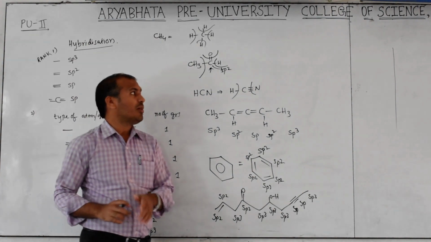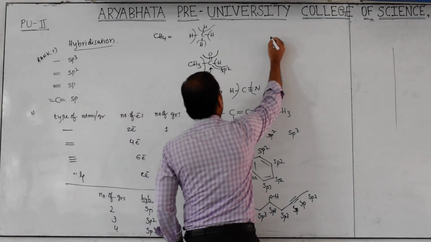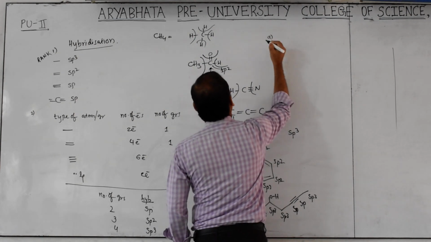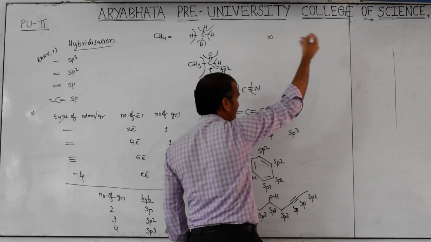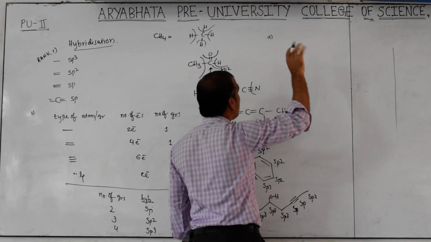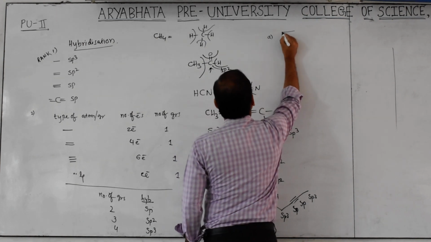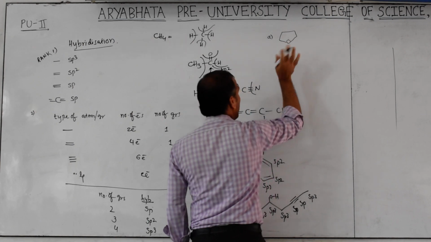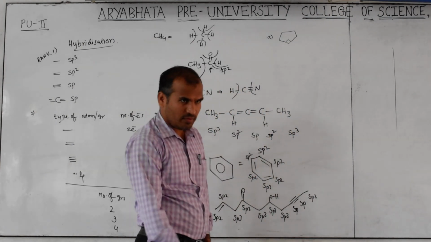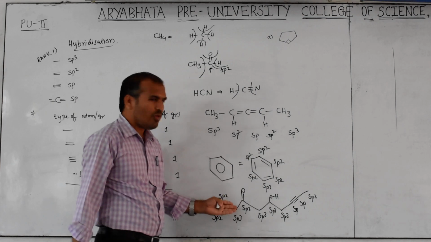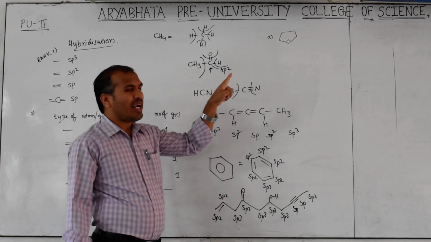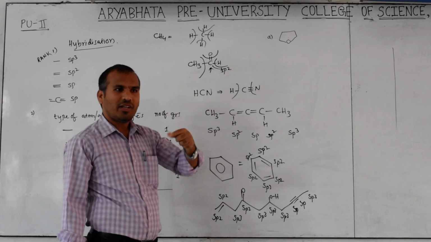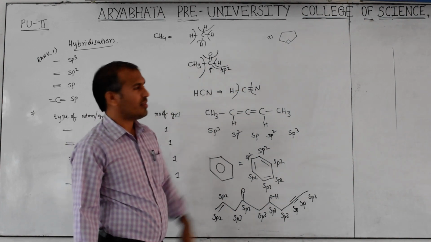Now I will give the best example, which was already asked in IIT, option E. Find out the hybridization of the following, all A, B, C, D. Here I am giving heteroatoms also. Before that, you found only carbons. Now each atom is different, with oxygen also you have to find out the hybridization.